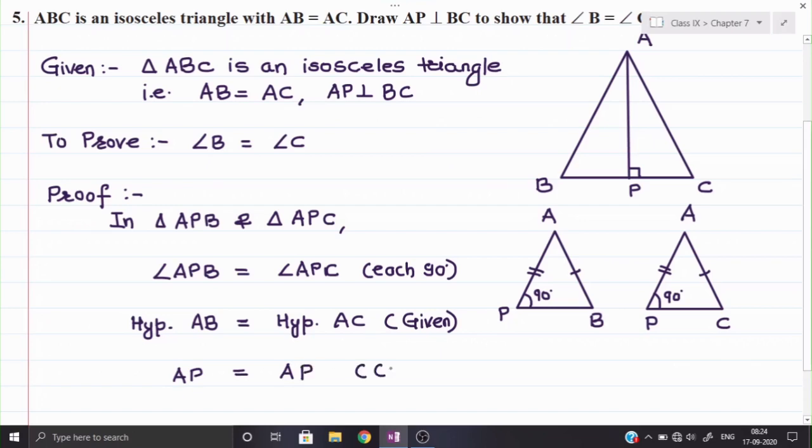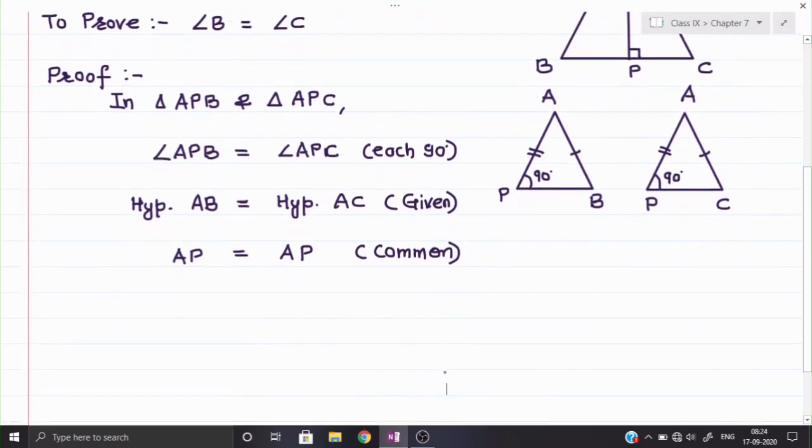So AP and AP is common, which is equal, and hence the third condition will be satisfied. Therefore triangle APB is congruent to triangle APC. Here the reason we can write down is RHS rule.